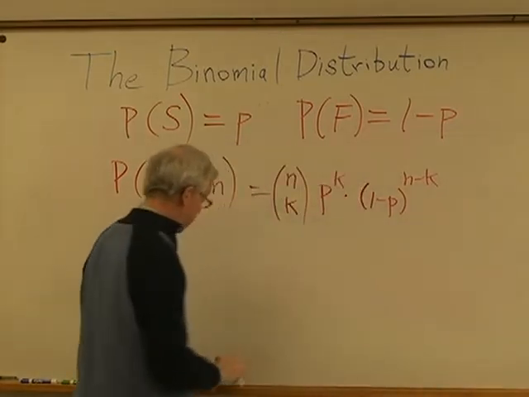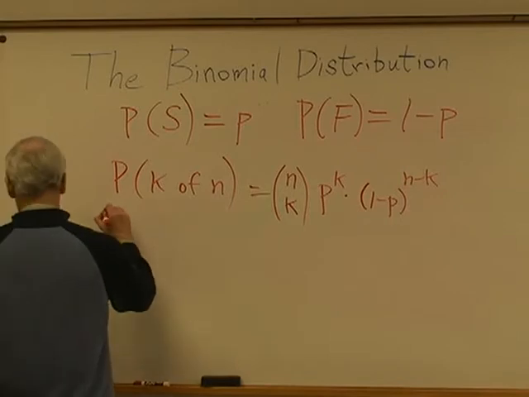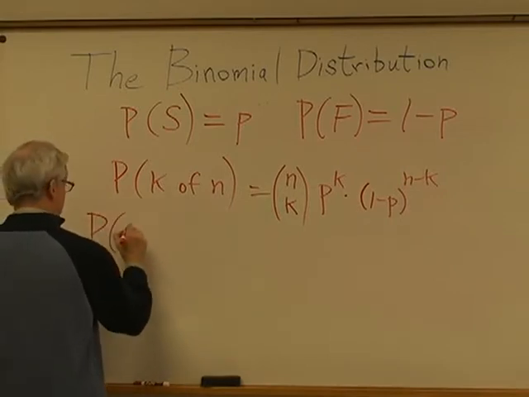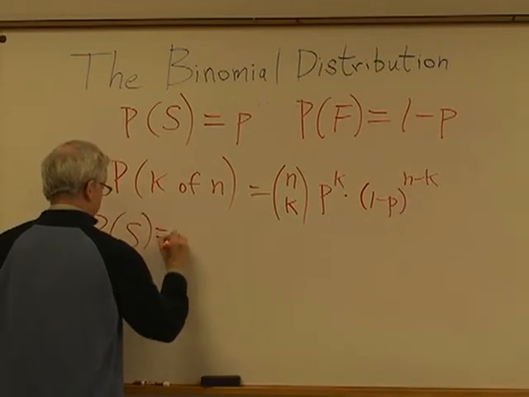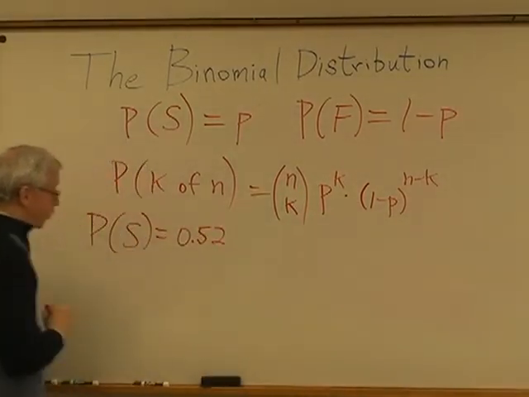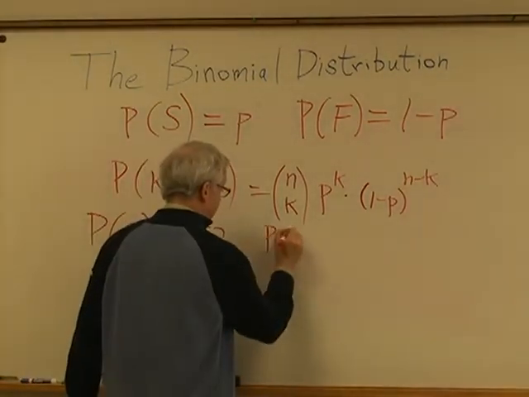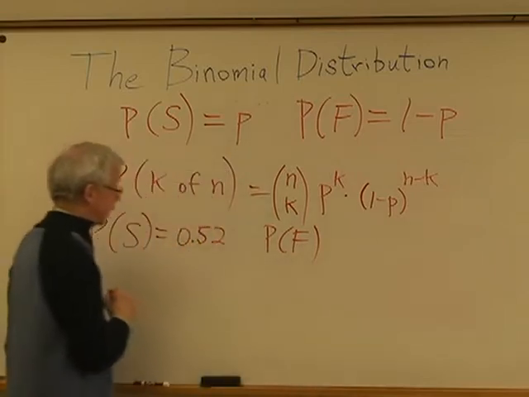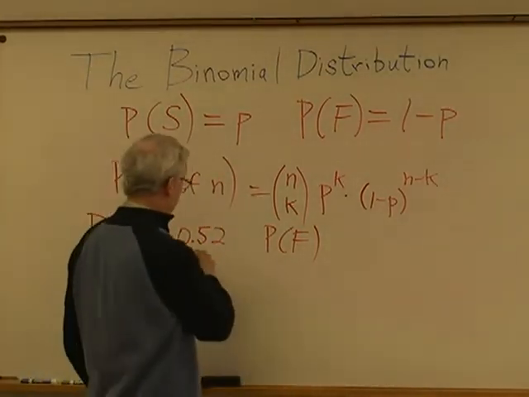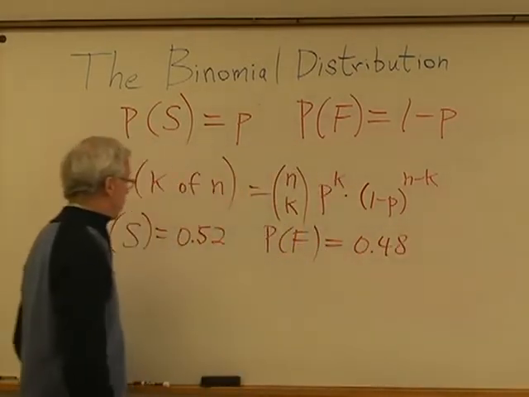Let's use it for one example. Suppose I have something I'm trying and the probability of success is 0.52, like the fraction of my voters that's going to vote for a certain candidate. Then the probability of failure, that is the probability that they won't vote for the candidate, is going to be 1 minus that, which is 0.48.